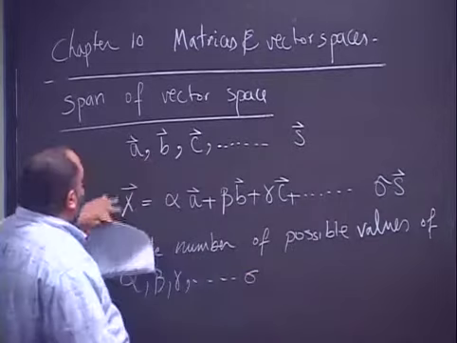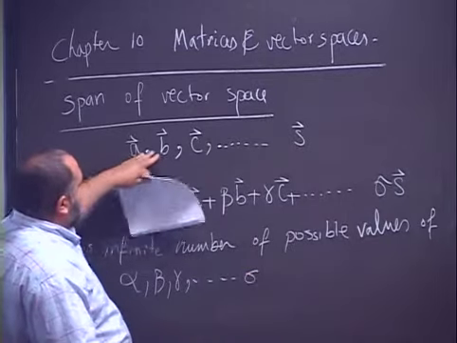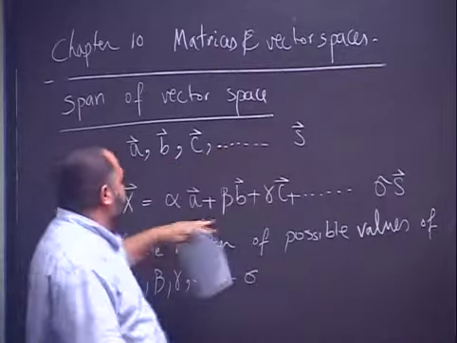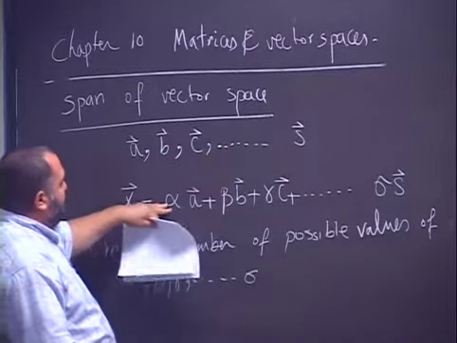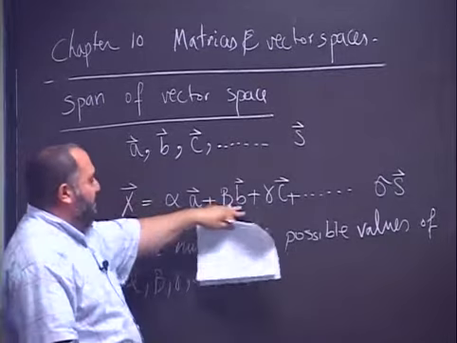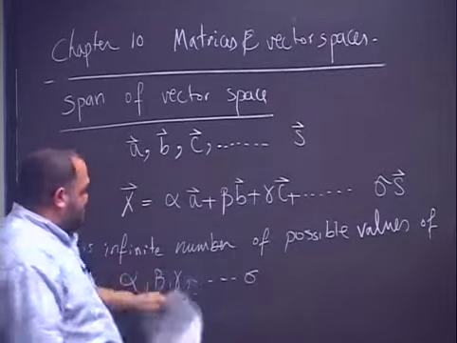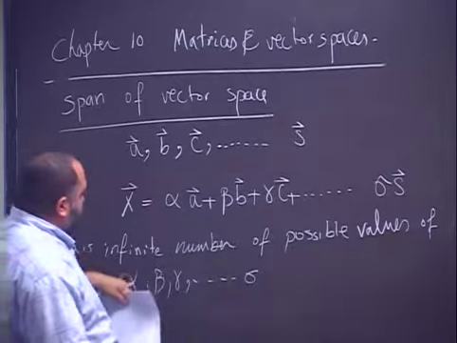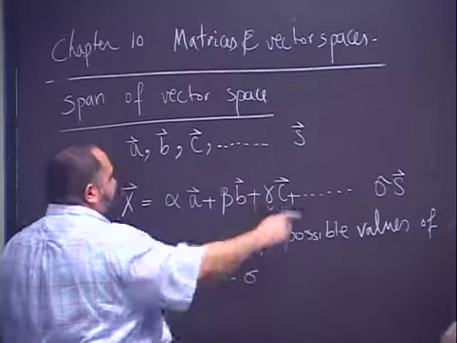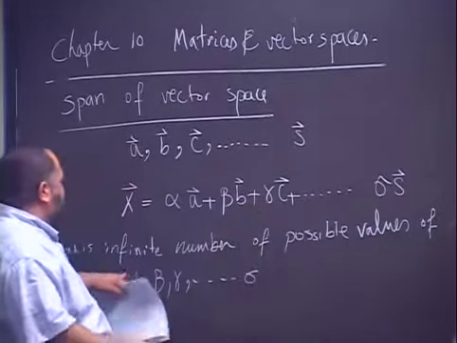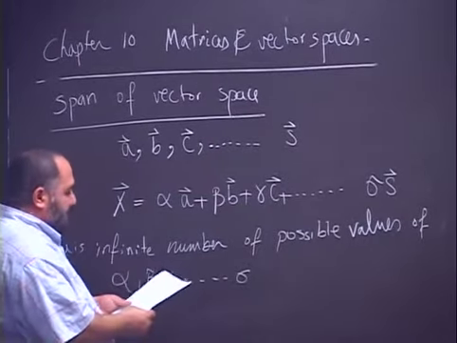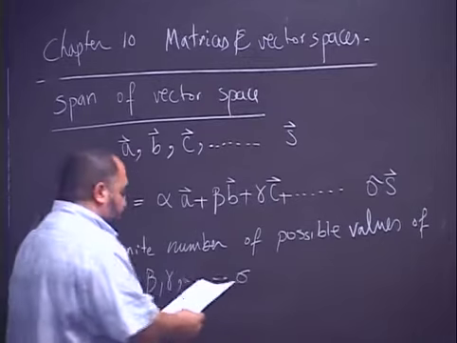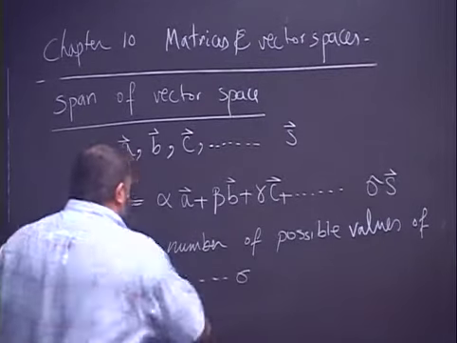If we have a vector space of A, B, C, D up to S, we can form a vector that is the combination alpha A plus beta B plus gamma C up to sigma S. For all the possible values of alpha, beta, gamma, and sigma, we will have an infinite number of possible values.